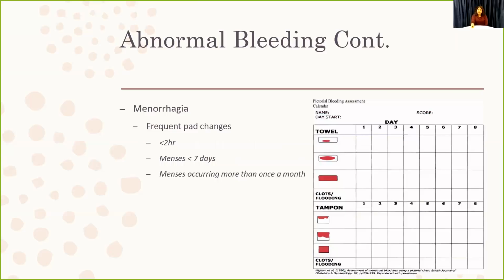So menorrhagia, a lot of adolescent females have menorrhagia, but what is menorrhagia? Normally, if you're asking your female patient, they're having to frequently change their pads about every 2 hours or so, if they're having menses for longer than 7 days, and then menses occurring more than once a month.